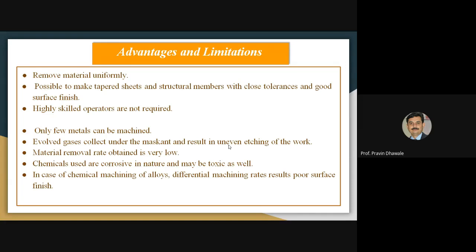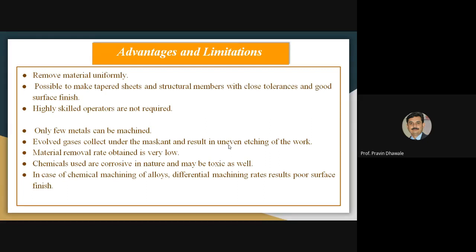Second, whenever gases are formed during the chemical reaction, when the evolved gases are collected under the mask, it will result in non-uniform machining of the workpiece. Because of that, it also affects the material removal rate, which becomes slow.